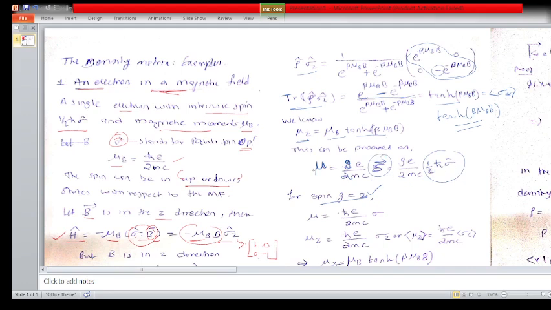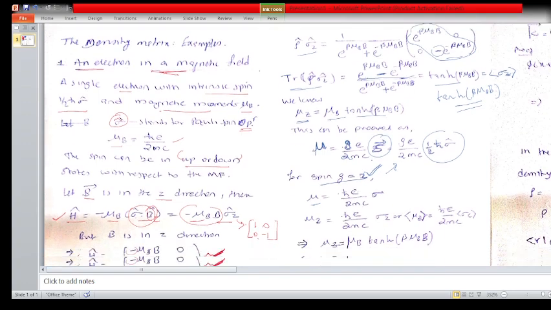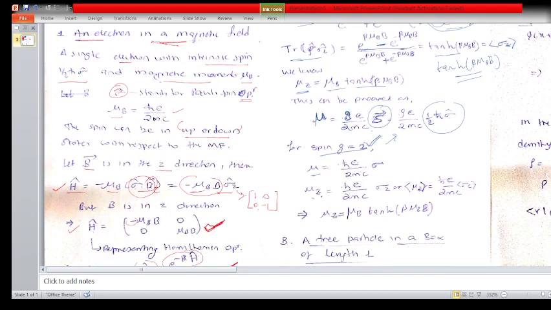Okay, so if you substitute this g value in this expression, then we will get mu equal to h cross e by 2mc times sigma. And if you are considering mu z, that is the magnetic moment in the z direction, then this is h cross e by 2mc sigma z.